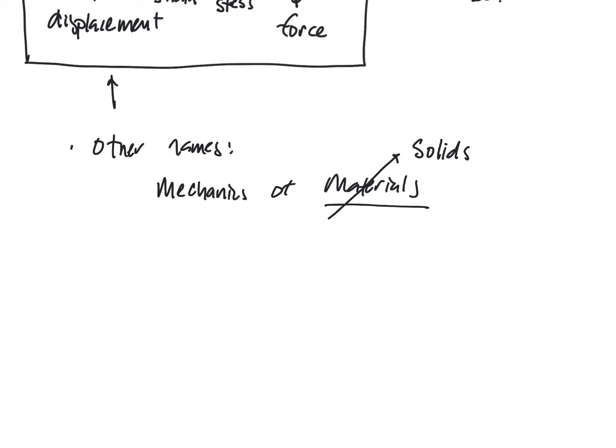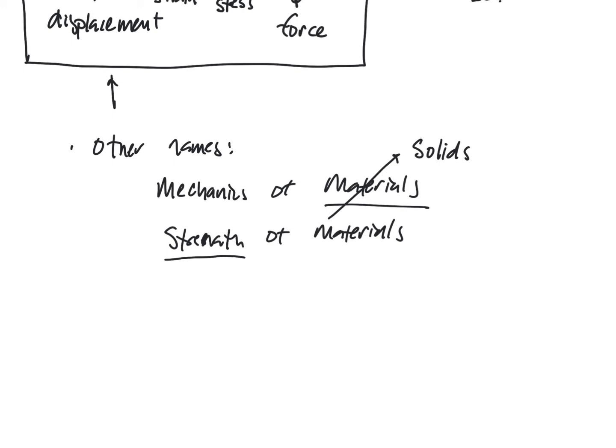There are other names, and one of them is called strength. Strength of materials. Not strength of solids, strength of materials. Well, you're going to find, and we're going to repeat this in just a few minutes, strength has a very specific meaning, and it has an association that we are going to make, and it's restrictive.